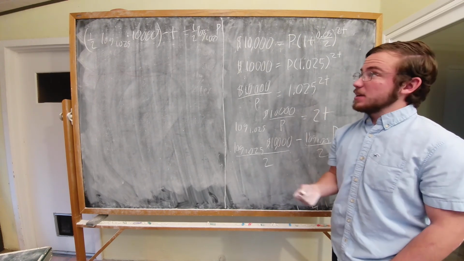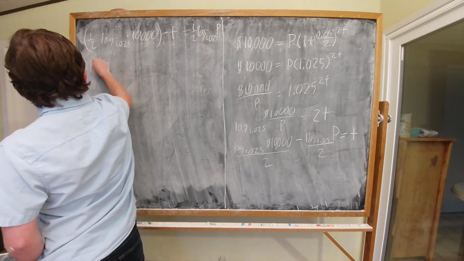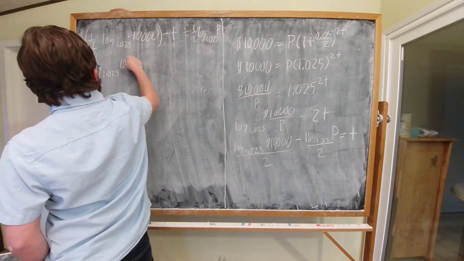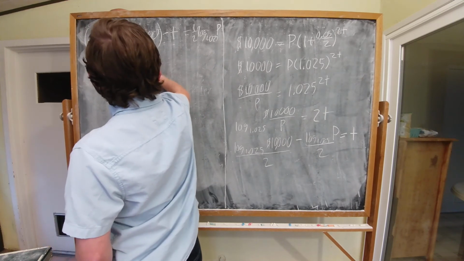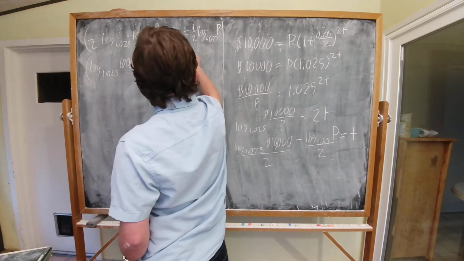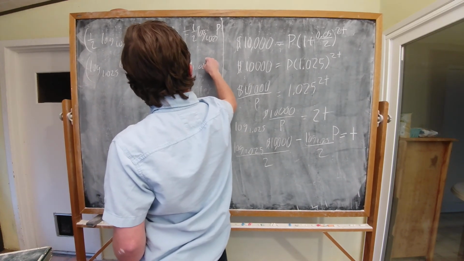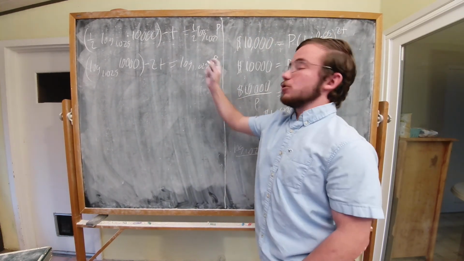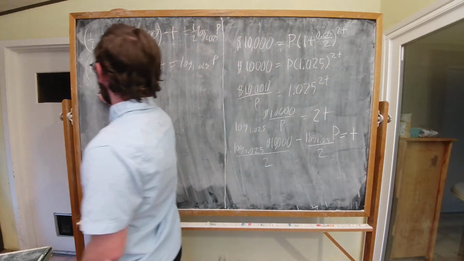Well, let's get P in there. Multiplying everything by 2 gives you log base 1.025 of 10,000 minus 2t is equal to log base 1.025 of P. And then you would exponentiate with respect to 1.025 on both sides.